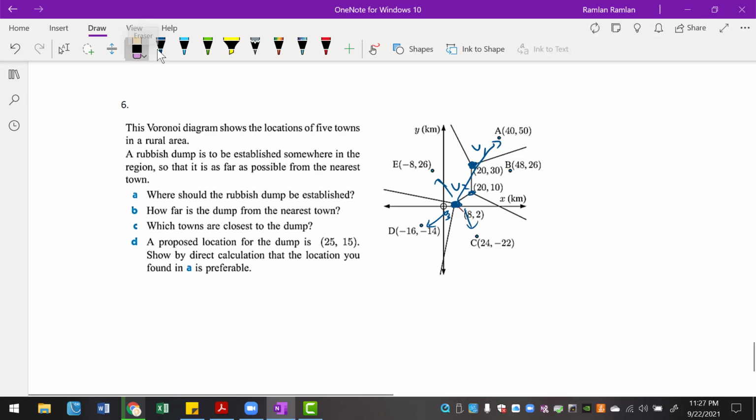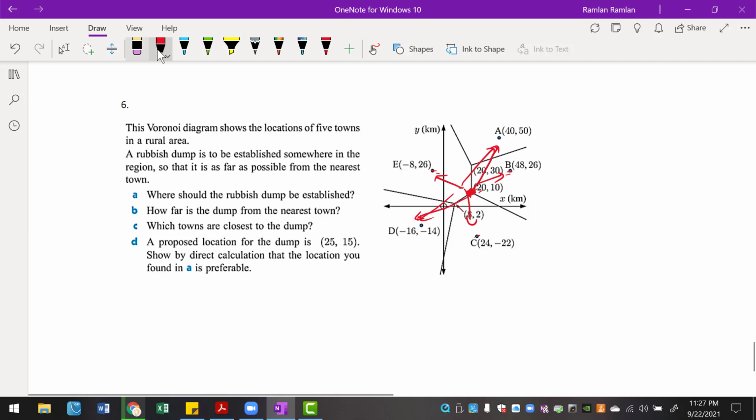So if we choose V2, V2 is in the middle. I'm going to erase that one. I'm going to use red this time, this one over here. This vertex is closest to B, E, and C, because it has the same distance to point B, point E, and point C. But to point A and point D, it's not going to be too far or too near.